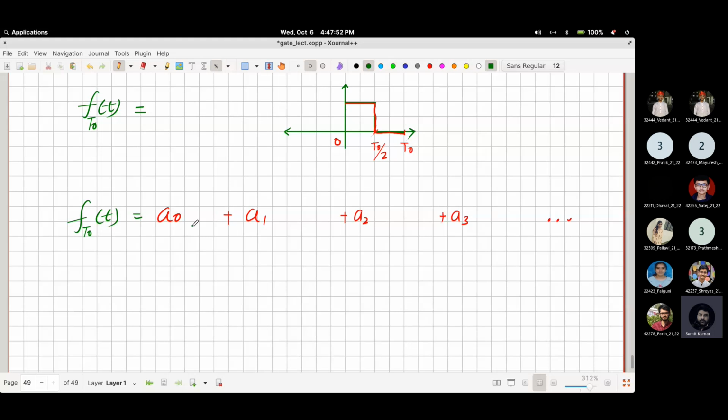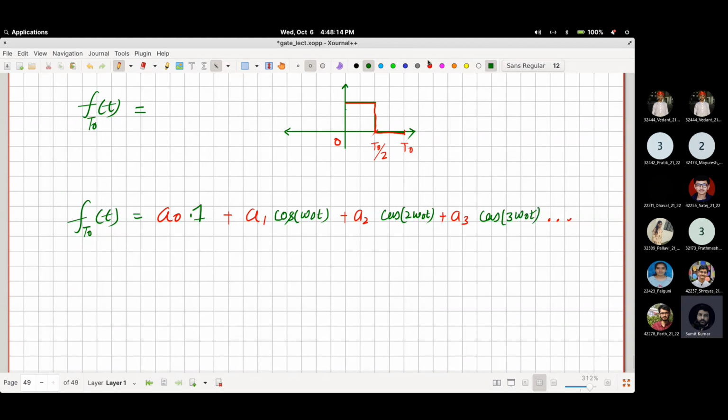Let me do this. So this will be a naught times 1, and here we will have cos omega naught t, here cos 2 omega naught t, here cos 3 omega naught t.